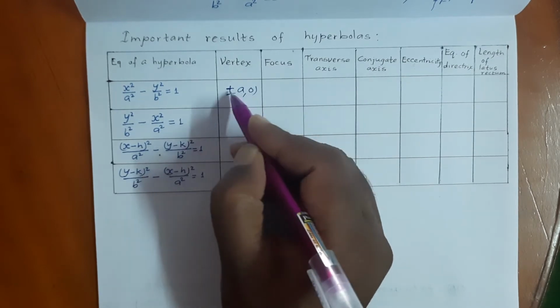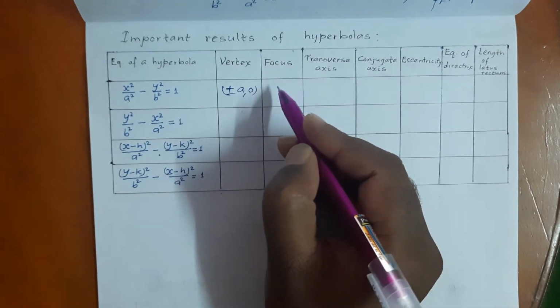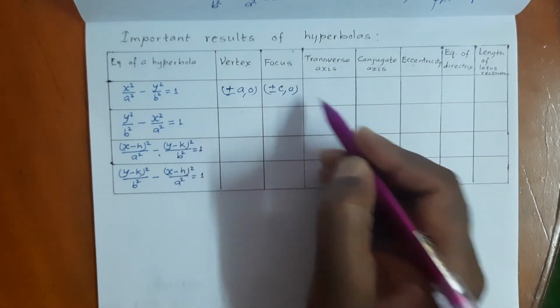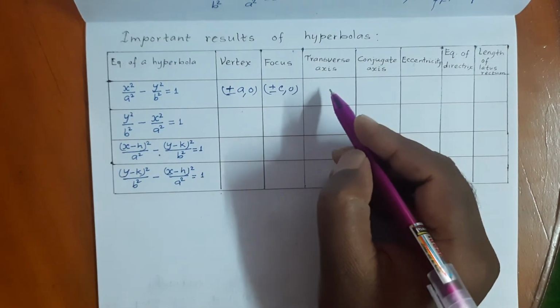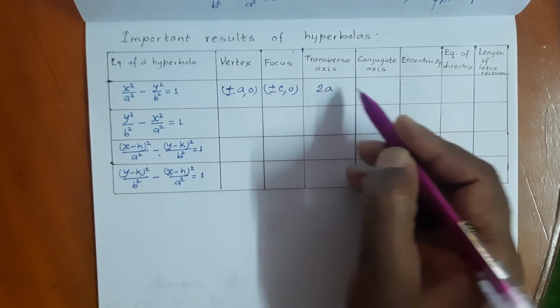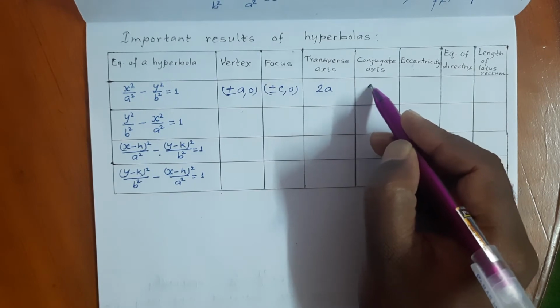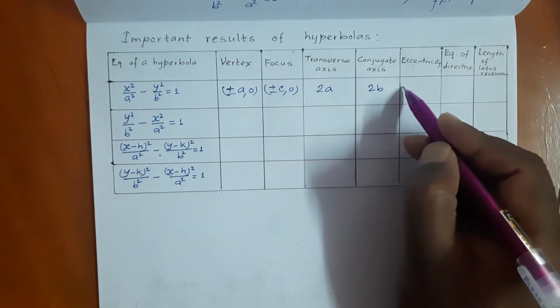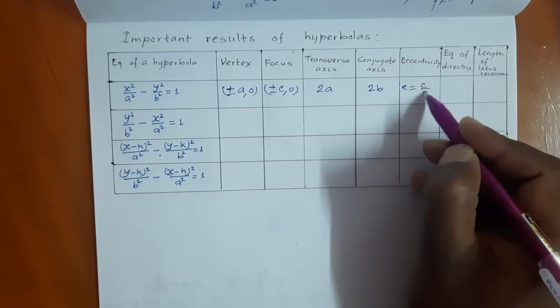a comma 0, and coordinate of the foci will be plus minus c comma 0, and length of the transverse axis will be 2a, and length of the conjugate axis will be 2b, and eccentricity e equals to c over a.